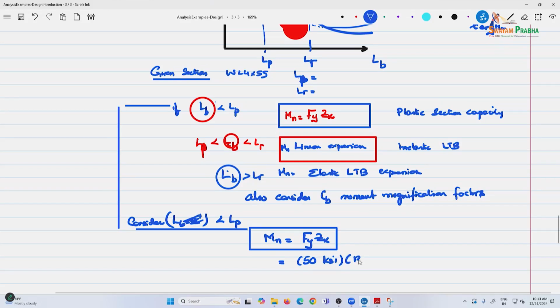In which case it would be 36 ksi, A36 is what we use, but most of our W sections are 50 ksi. So, 50 ksi multiplied by 134, this was your plastic section modulus, comes to 667 kip-inches.